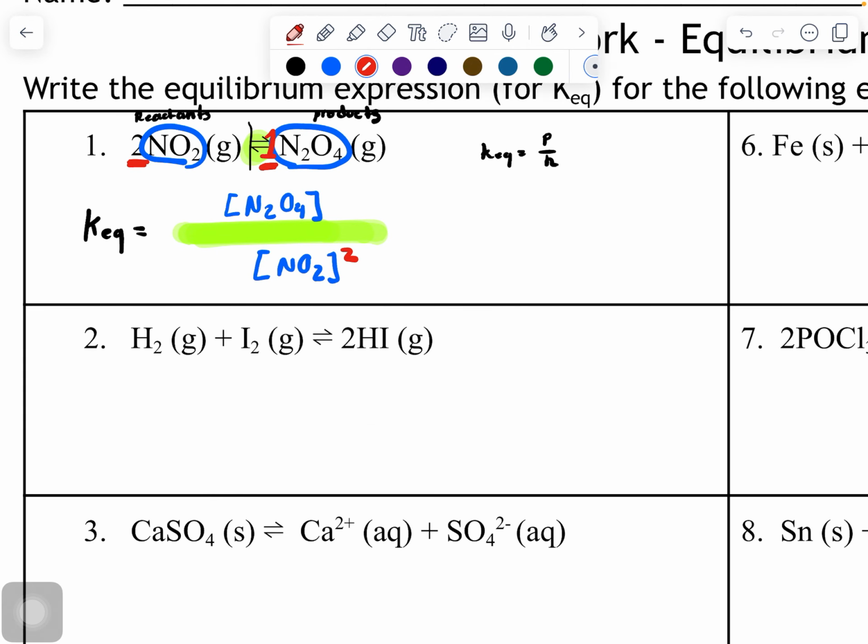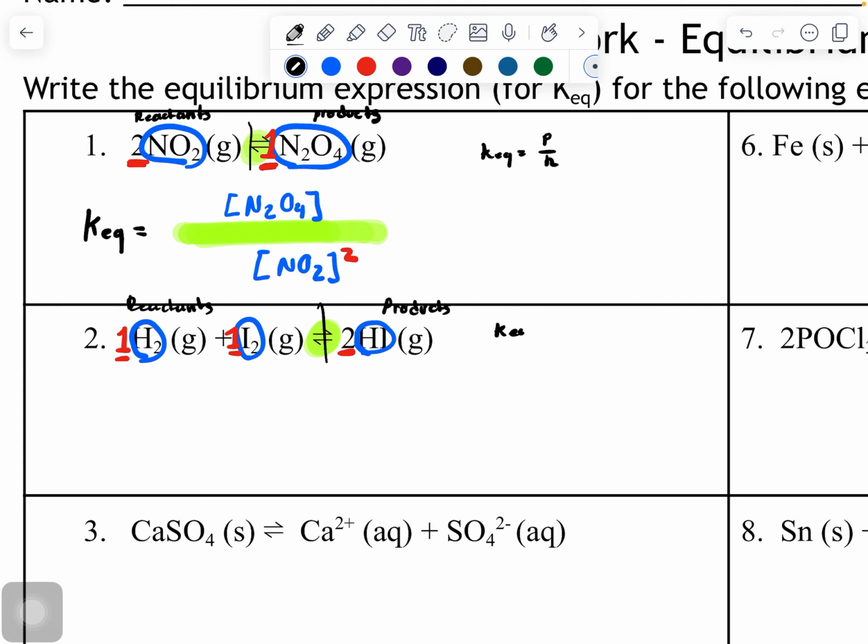Okay, so let's go ahead and do 3. Let's go ahead and color code it. All of the formulas, color them with the same color. Now, underline the coefficients. If there's no coefficient, can you go ahead and write down the invisible one? And go ahead and highlight your arrow, because this is again the division between the reactants and products.